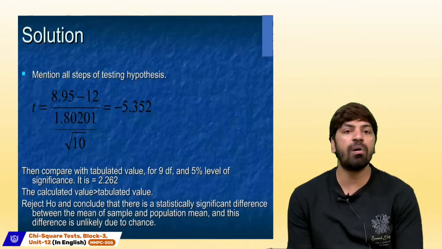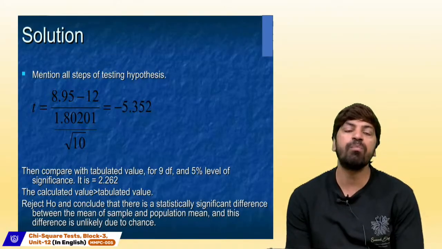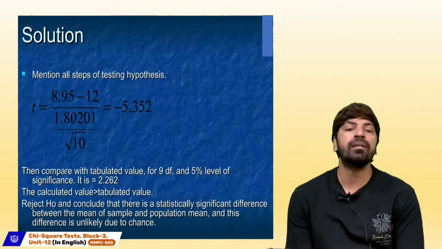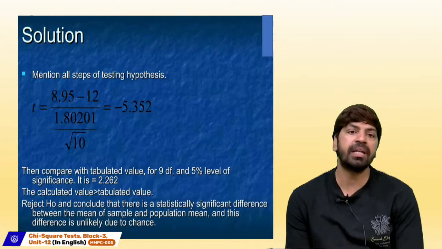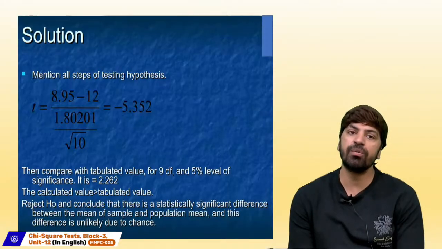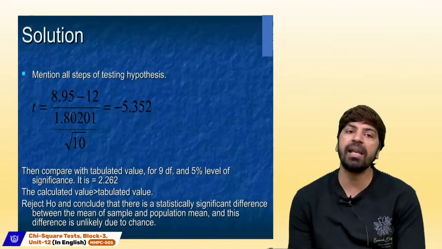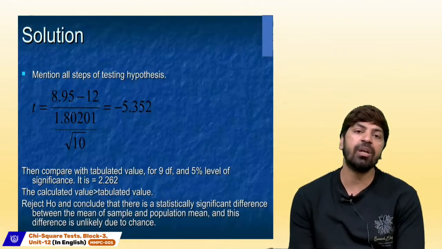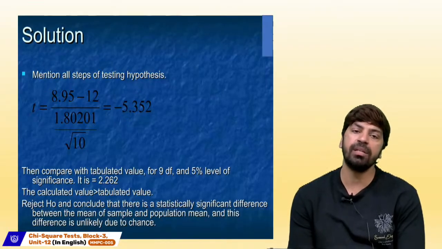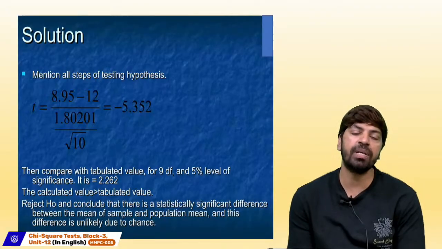So the sample mean, that is 8.95, minus the population mean, that is 12, divided by the sample standard deviation, that is 1.80201, by the square root of 10. The exact value of t is equal to minus 5.132.